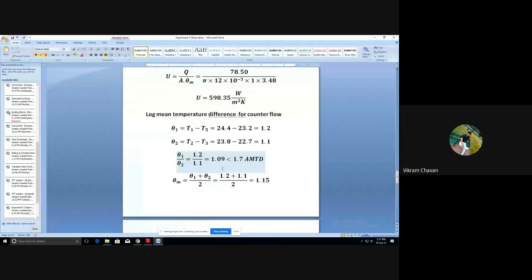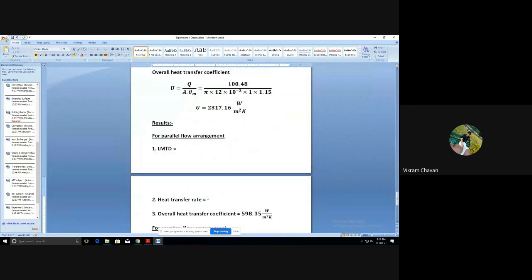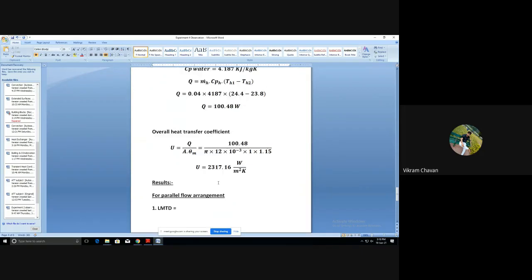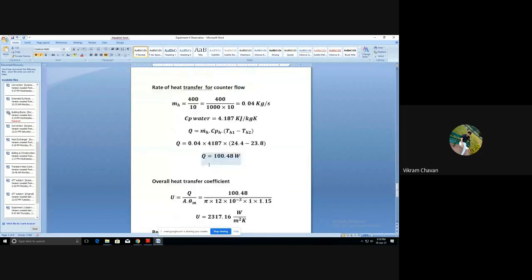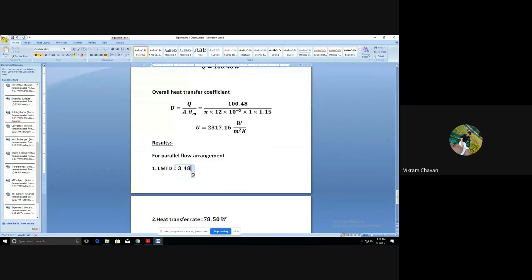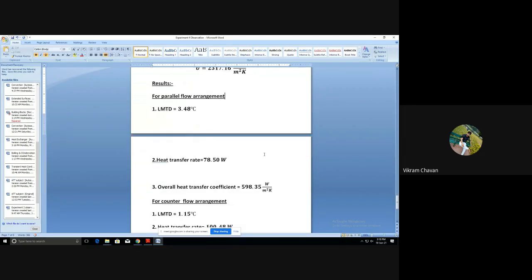Heat transfer rate is 78.50, and LMTD is 3.48 degrees Celsius. So you have to write these results.